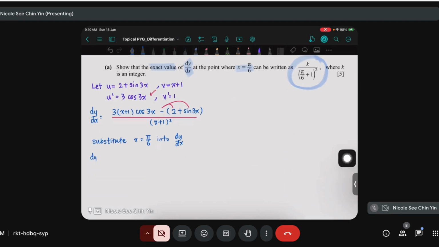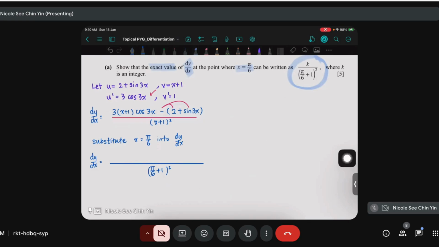So dy/dx. From here, my denominator x will become pi over 6 plus 1 and then square it.